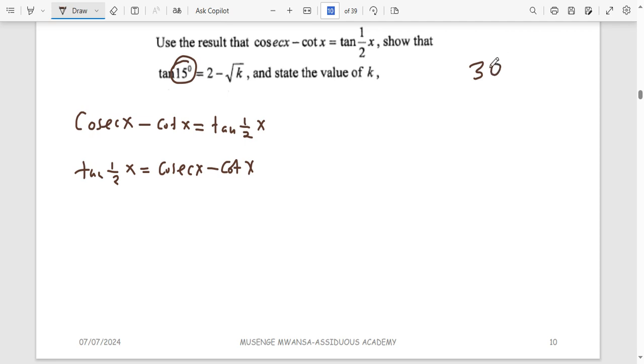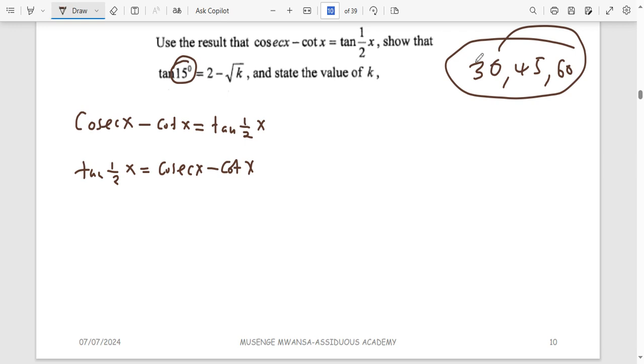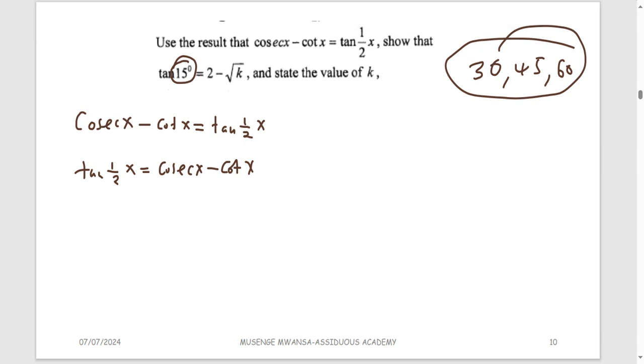We have three special angles, 45, 30, and 60. The other special angles are multiples of 90, like 0, 90, 180, 270, and you continue adding 90 to each number. So look at this, this is a 2. What number can I divide by 2, that is a special angle, and gives me a 15?